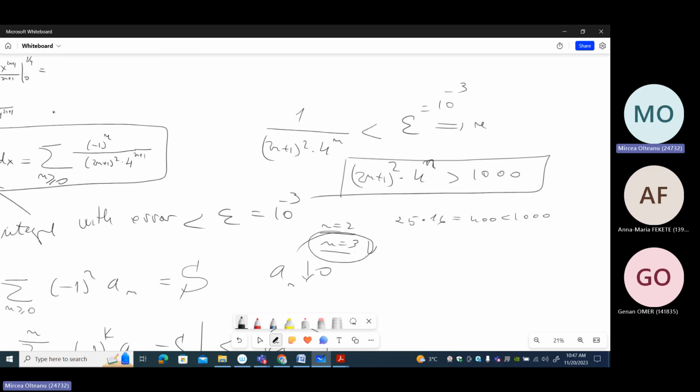So our integral, which equals this sum, will be approximated with an error less than 10 to the minus 3 by adding up to n equals 2.